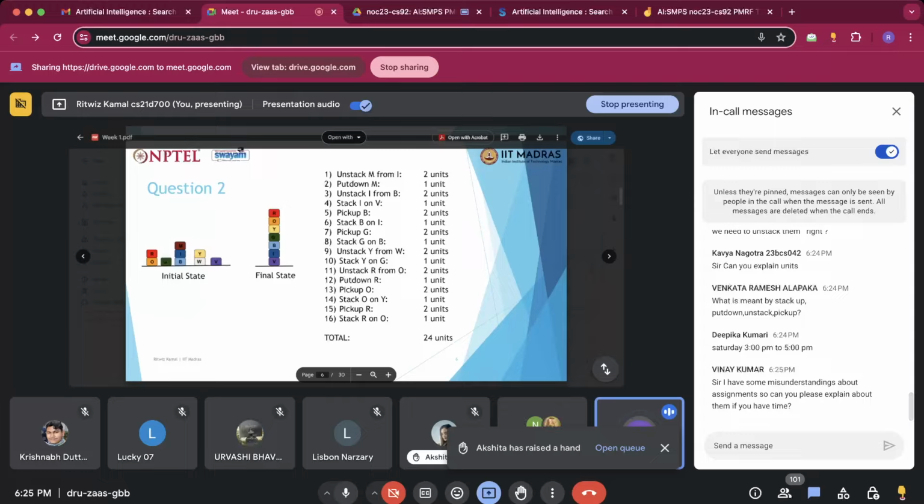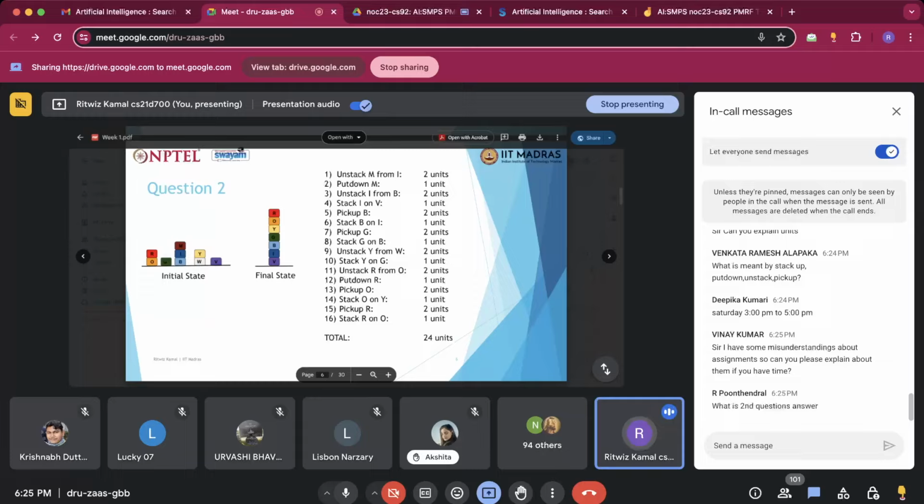Okay, so there's another question about assignments. One more thing that I should mention: for each assignment there will be a deadline. You must look it up in the Swayam portal and try to finish the assignment before the deadline, because otherwise it won't be counted towards your final score.